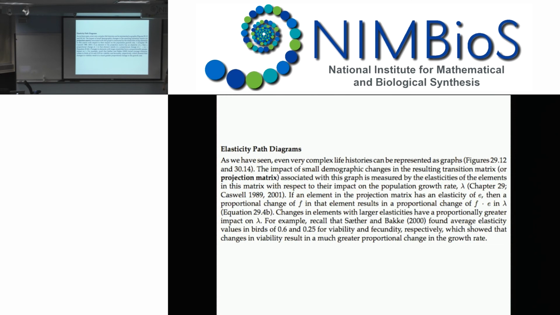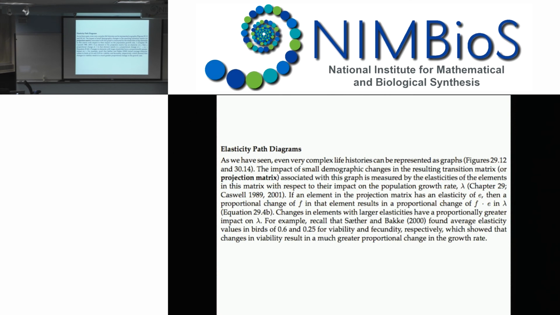The second aspect is, if I have a trait, how does a proportional change in that trait result in a proportional change in a life history component? I want to make the connection between a proportional change in a trait and how that maps into fitness. The elasticity of trait on life history times the elasticity of life history onto overall fitness allows me to make that connection.